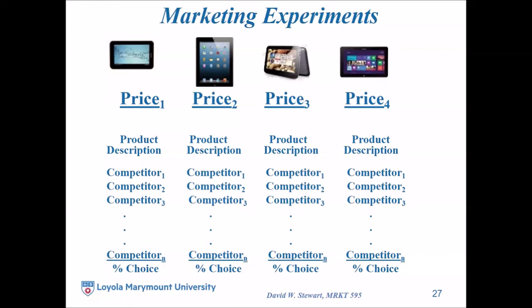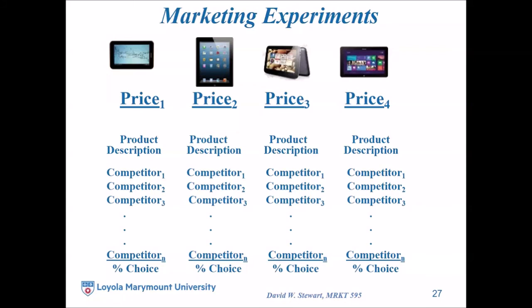Same description of the product at one price. Again, same description of the product, but at a different price. Third description, same description, but at a third price, and then finally at a fourth price. And then I provide descriptions, again, same descriptions across the four groups of my competitors' products.